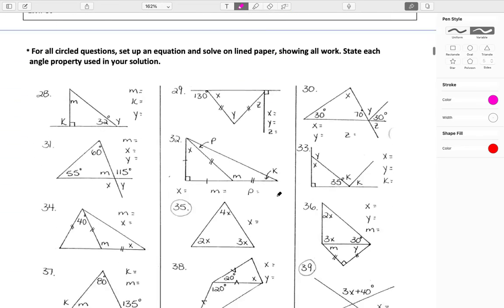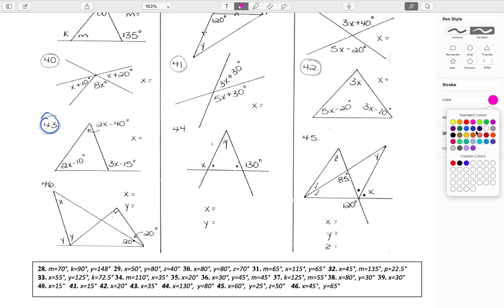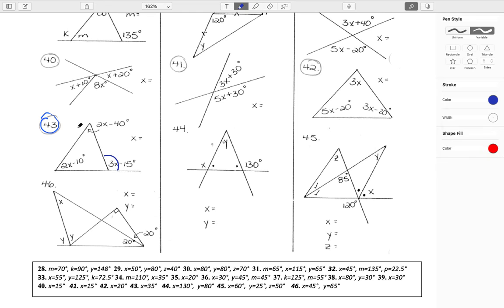Next, let's take a look at number 43. For 43, I circled it. As you can see, you have to set up an equation because we're looking for a variable x. When you take a look at this given diagram, we're given 1 exterior and 2 interior angles.